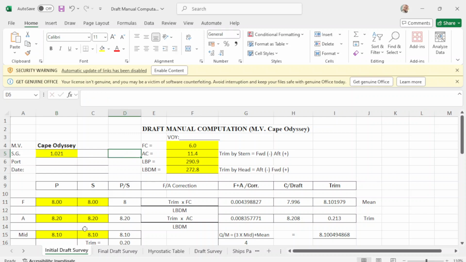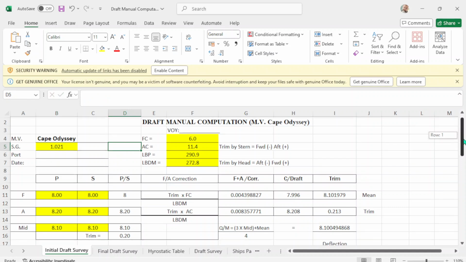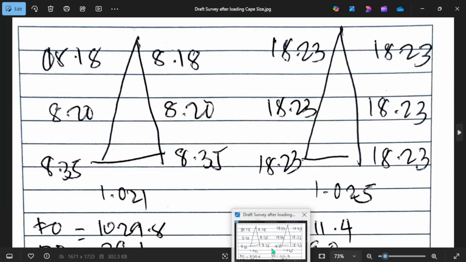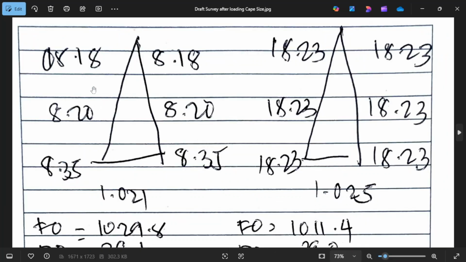The initial draft was forward, aft, and mid. Initial draft forward will be 8.18 for the starboard, midship will be 8.20 for the starboard, and aft will be 8.35.